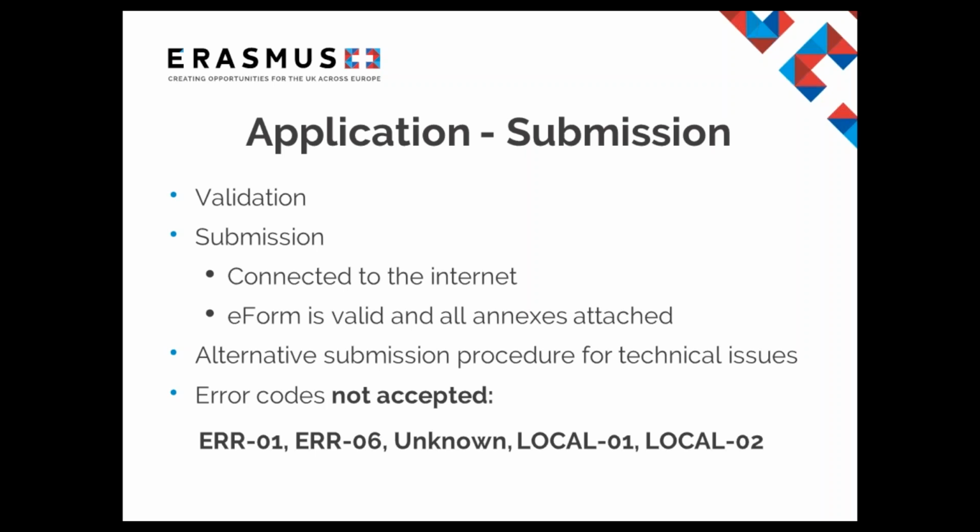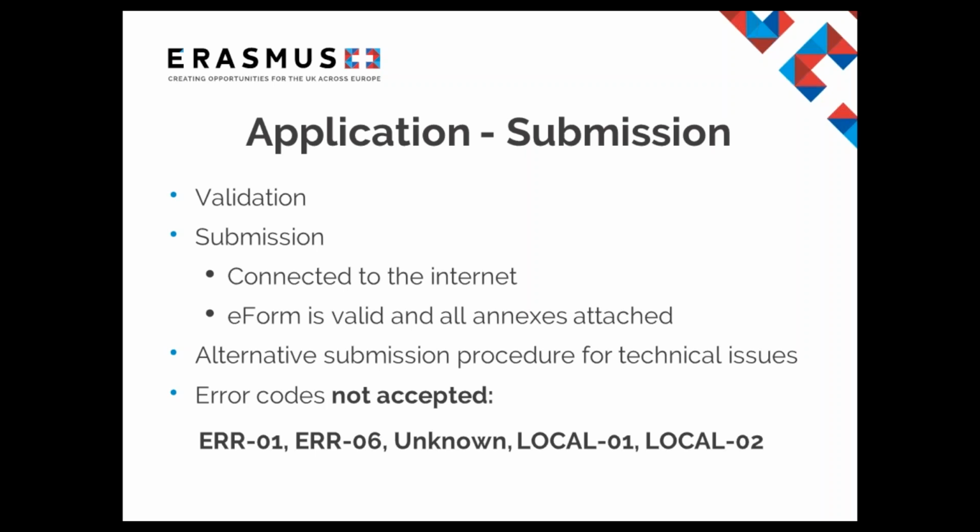If this happens and you are unable to submit the form, you should follow the alternative submission procedure as described in the Guide for Applicants. In this case, you can still submit your application by sending it via email to us within the 2 hours following the official deadline. However, the UK National Agency will only accept alternative submission if the error message is recorded under status in the submission summary section of the e-form with a timestamp prior to or on the deadline date and time.